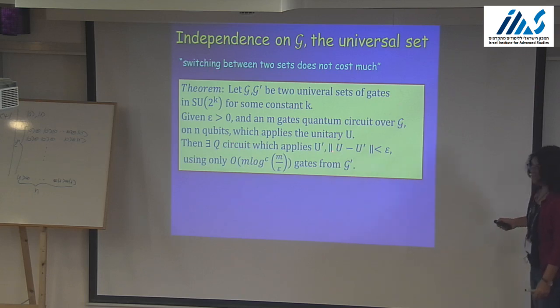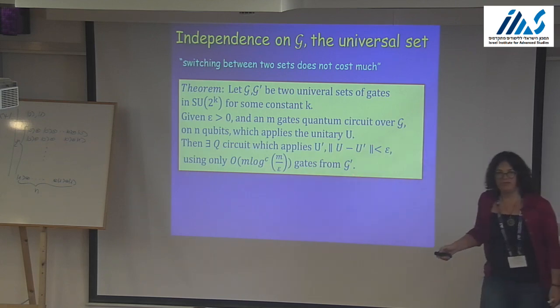The theorem says that you can do it. Then there exists another quantum circuit which applies U prime, where U prime minus U is at most epsilon, using only O of m polylog of m over epsilon gates from G prime. So the overhead is just polylogarithmic.